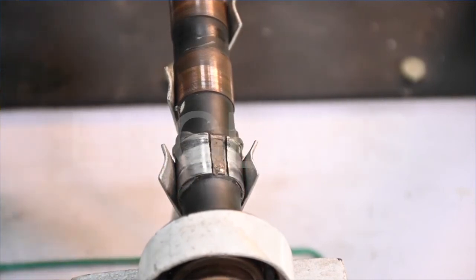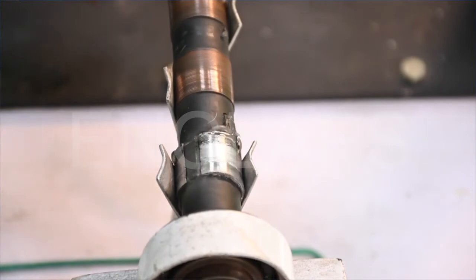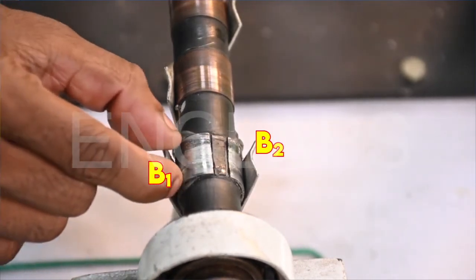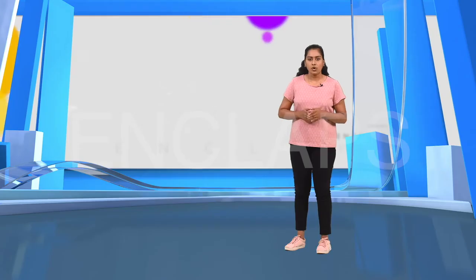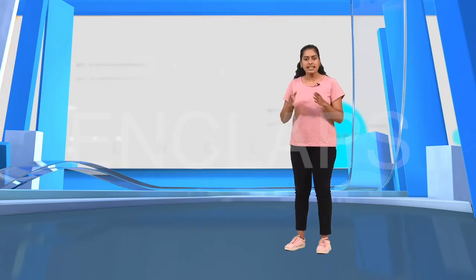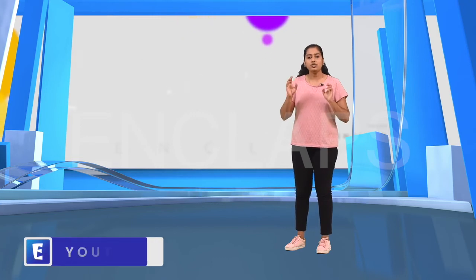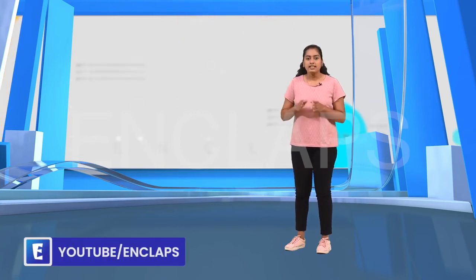In the 90 degree position and in the 270 degree position, the current is flowing from B1 to B2. So, from this, it is clear that although the armature rotates continuously, the induced current is always flowing from B1 to B2. That is, the direction of current never changes.